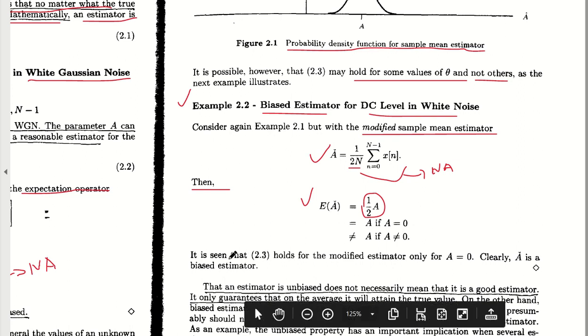So it holds for the modified estimator only for A equal to 0. Then clearly it is a biased estimator.